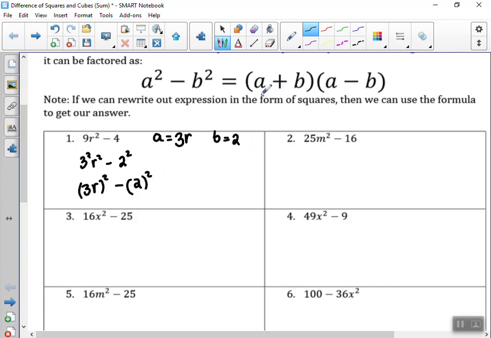So now we just have to put it in this formula. So it says parentheses, a here is 3r plus b here is 2, and then another parentheses, a here is 3r again, minus 2. And that is my answer.